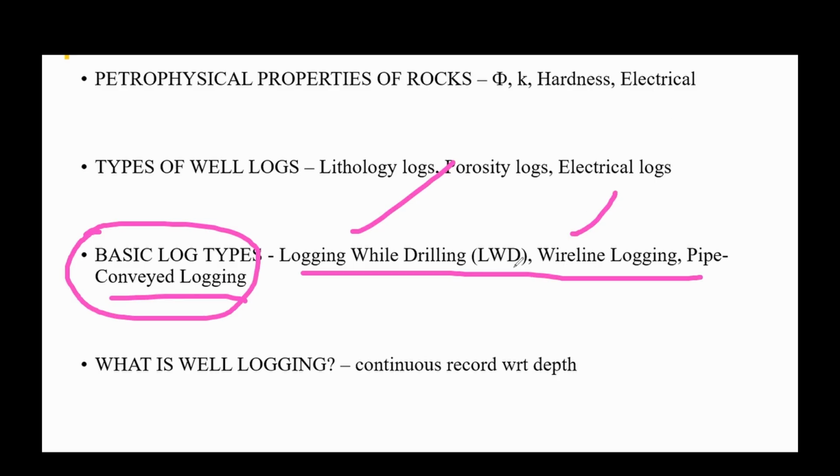But logging while drilling or measuring while drilling is continuous. When you are going on with the drilling operation, there will be an automatic, continuous record. Wireline logging is intermediate.